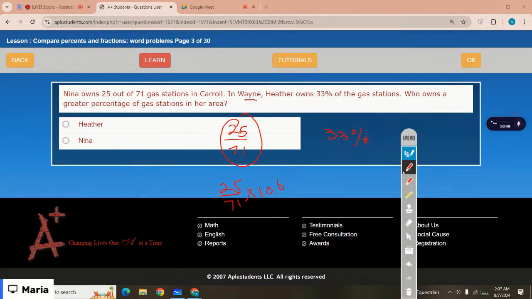So, 25 by 71 times 100 is 35.2%. So Nina owns more. 25 out of 71 put into percentage form is 35%, which is more.